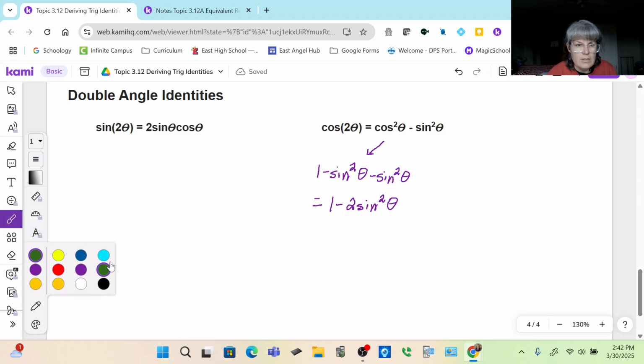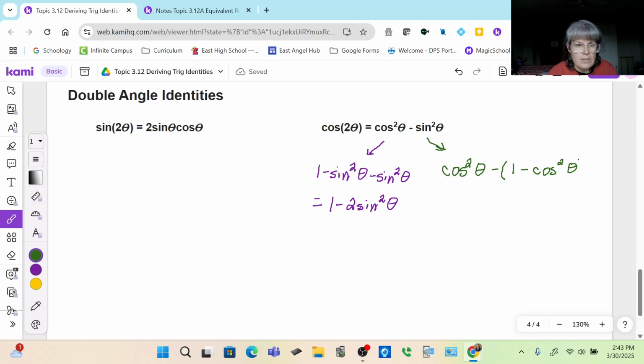Likewise, if I wanted to write this in terms of just cosine squared, not cosine squared and sine squared, I could write cosine squared theta minus sine squared theta as being equivalent to cosine squared theta minus 1 minus cosine squared theta.